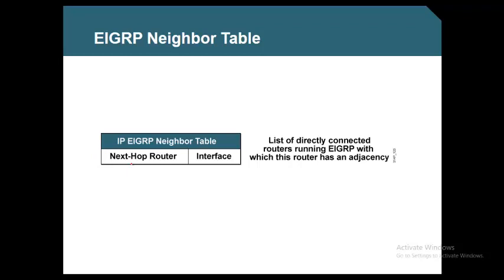Now, let's go here. In neighbor table, you will see all neighbors, the interface via which you connect to the neighbor, and the IP address of the neighbor.